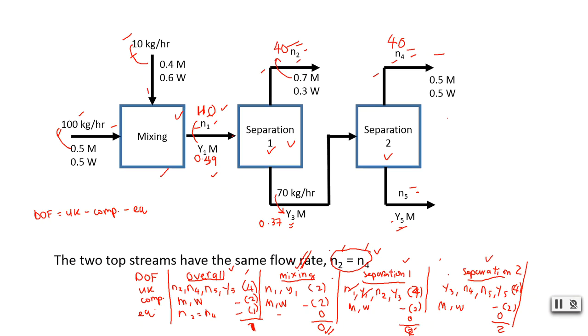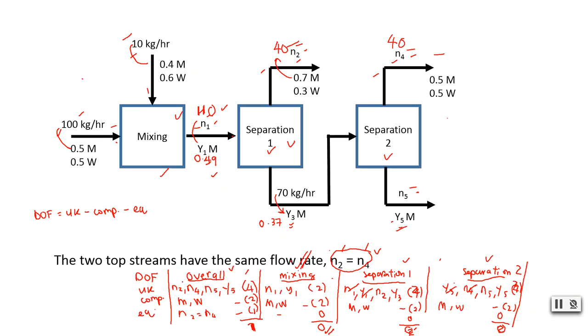Here we have y3 and N4 solved. We can do the mass balance in separation 2, considering that the remaining unknowns are only 2 and we have 2 equations, so the DOF is 0. At the same time, we can also do the overall balance too.